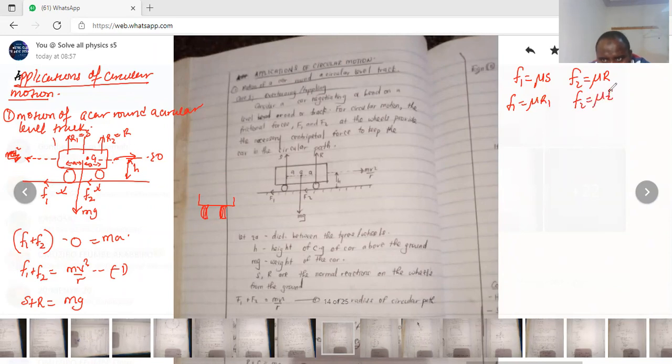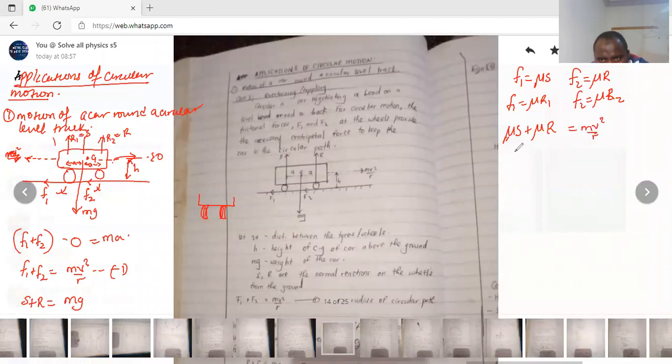The reason why the mu are the same is because it is the same road. So the coefficient of friction is the same. It's the same road where the two tires are. So therefore, mu of S plus mu of R is going to be equal to mv squared over r.